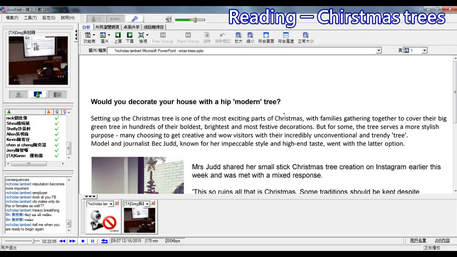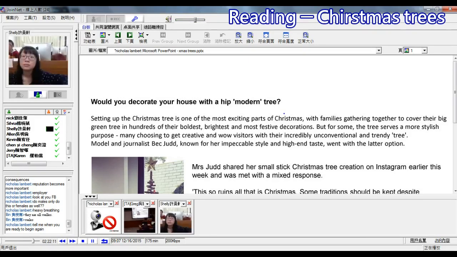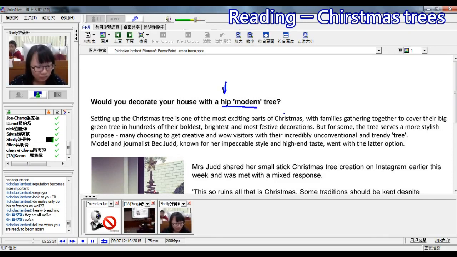Would you decorate your house with a hip modern tree? Shelley. Hello. What do you think hip means? So hip and modern are related.